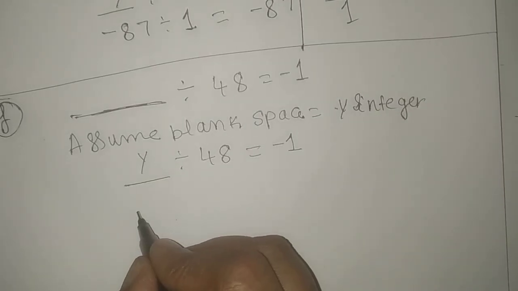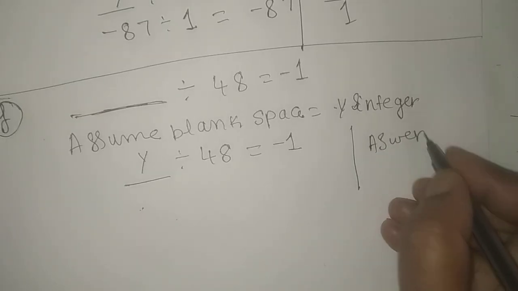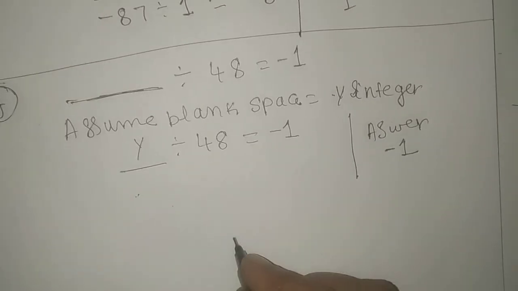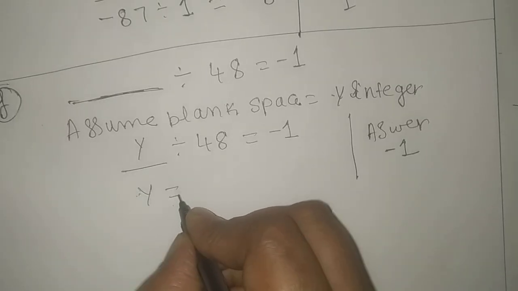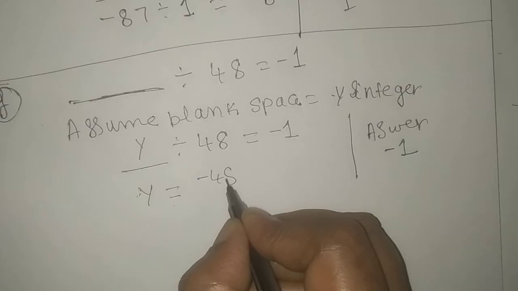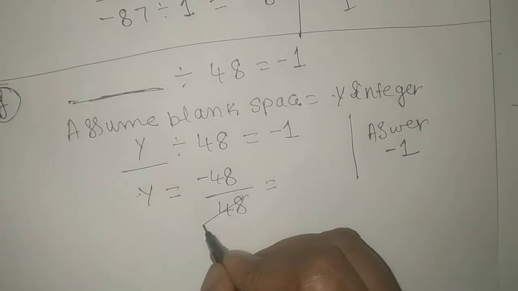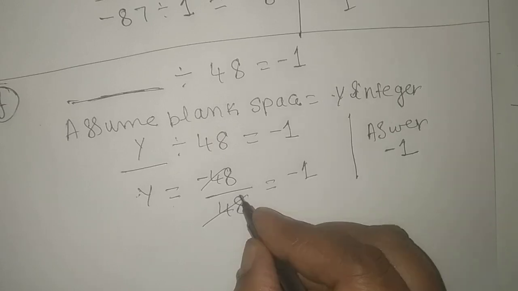Now you have to get the answer as minus 1. So therefore y is equal to, if you take minus 48 by 48, is equal to minus 1.